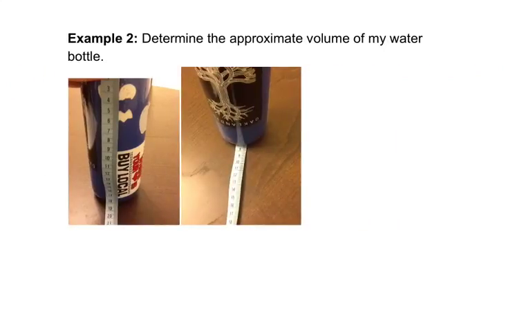Like I said, a volume can be a cylinder, and a water bottle can be a cylinder. This is the water bottle I have at home, and I did some measurements. Here's the 8 centimeter line down here. Actually, the diameter of the water bottle was 7 centimeters. So here was my diameter, it ended here. That means the radius is 3.5 centimeters.